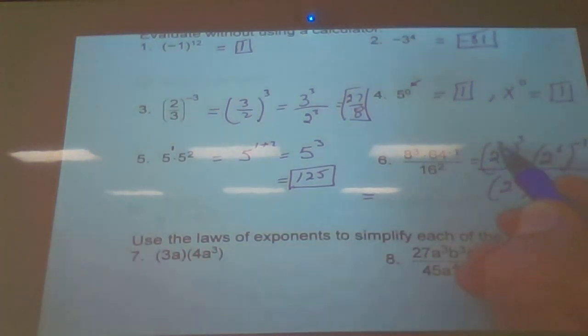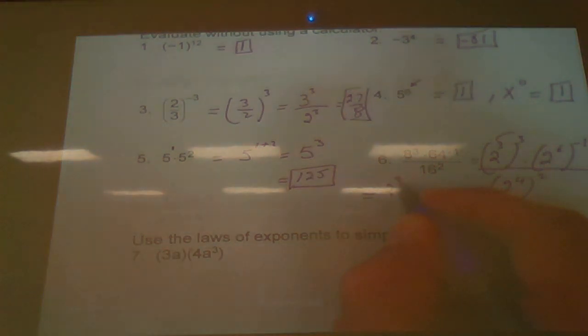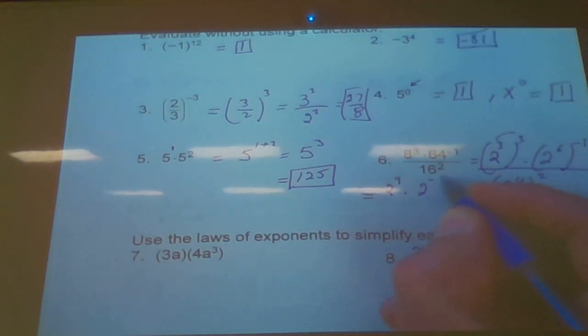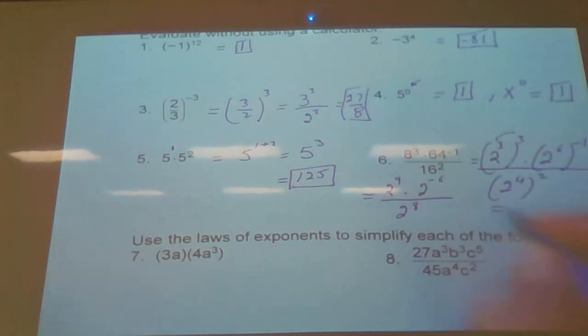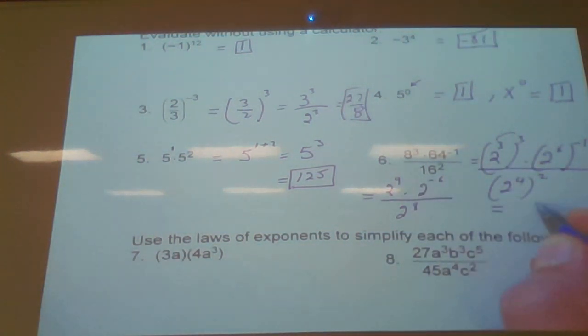When you have a power and power like this, you multiply. So this is 2 to the 9 times 2 to the negative 1 times 6, which is negative 6, over 2 to the 8. One of the rules with exponents is that we can bring stuff up and down. So I'm going to bring everything up.